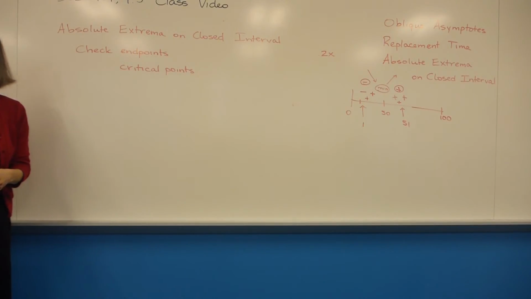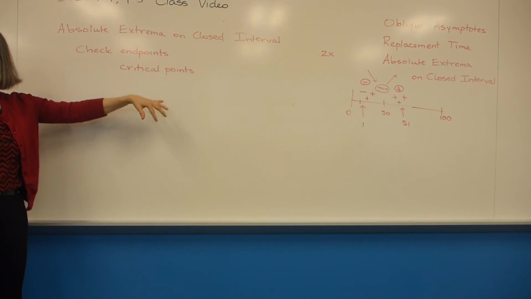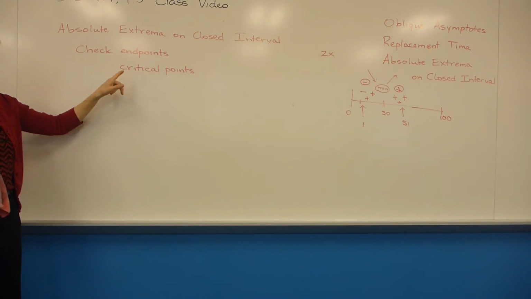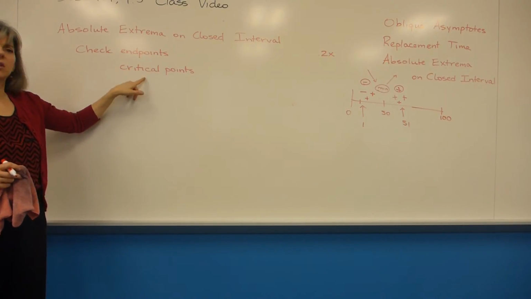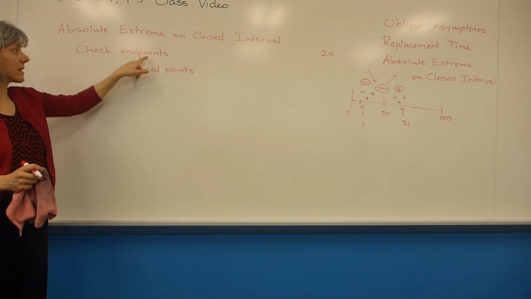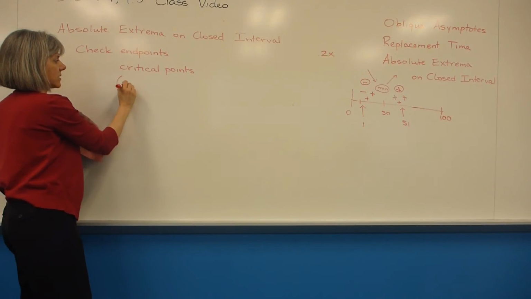Biggest number is the max, smallest number is the min. Did I say sign chart? I did not. I don't really need to know which of these critical points is a max or min, because the max or min might be at an endpoint. I just need to find a value because I've got to compare it to the endpoints. So there's no sign chart here.